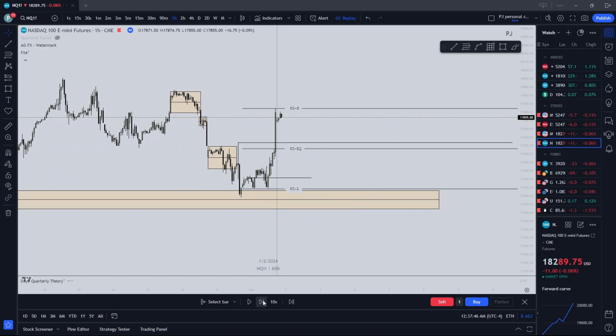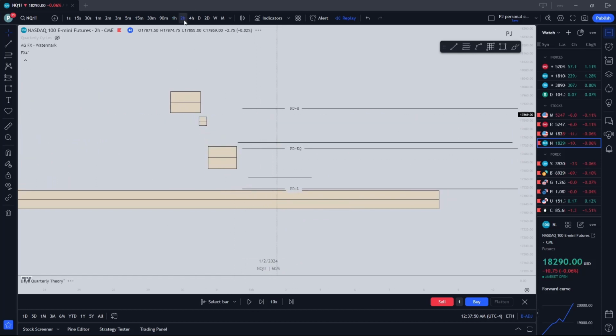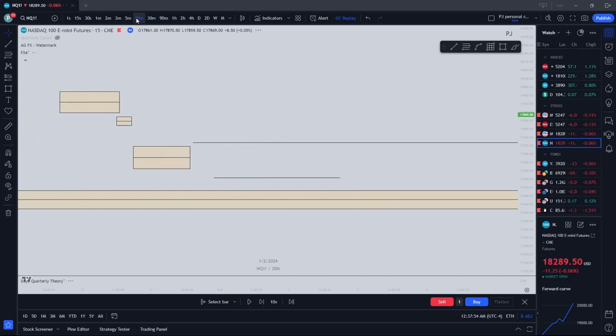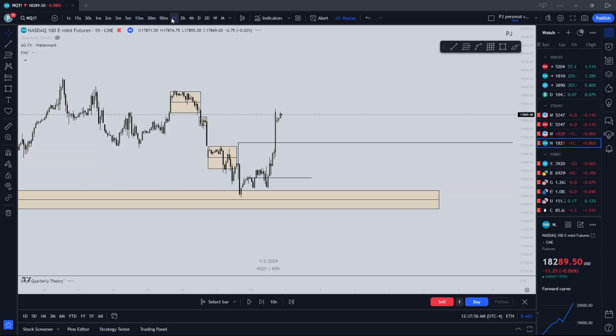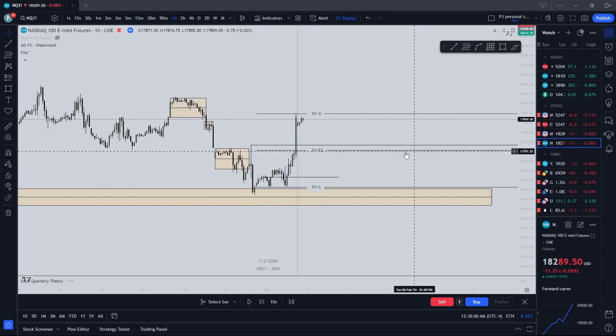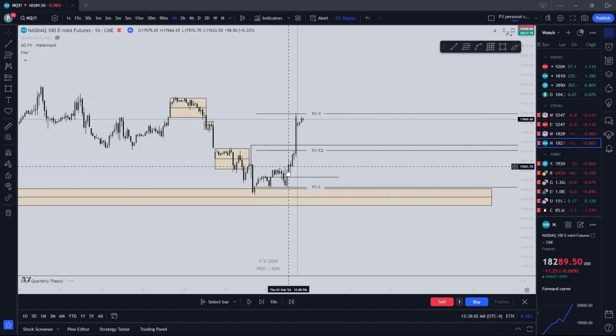We now have a breaker. Did we leave any fair value gaps below? No. So I can't really say that we have any breakaway gaps, but we do have a fair value gap left wide open.